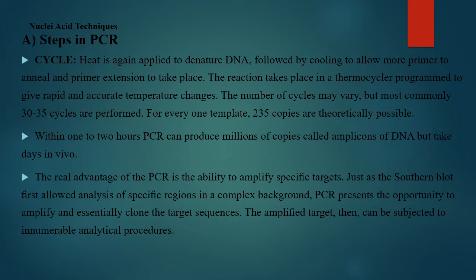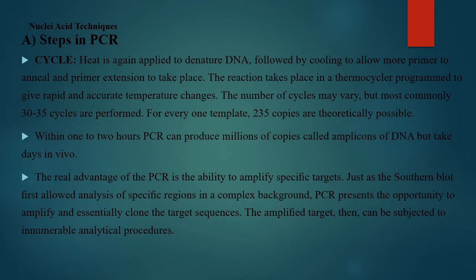Now in this thermocycling procedure, the number of cycles may vary, but usually between 30 to 35 cycles are performed. So the cooling and heating repeats itself 30 to 35 times. And then for every one template that you have, 2^35 copies are produced.